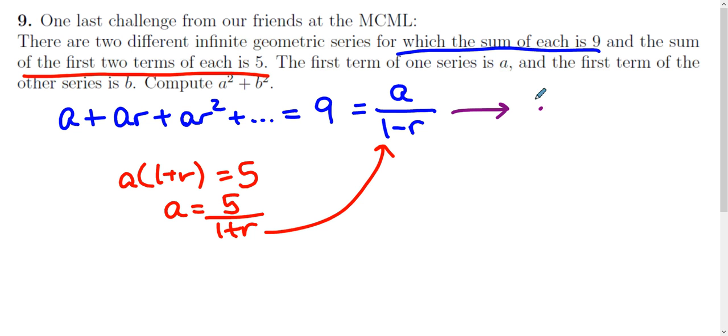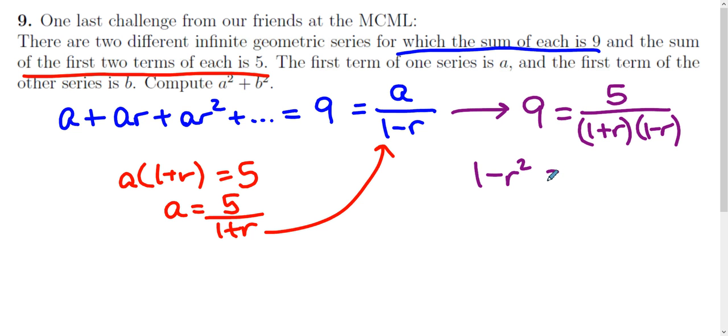So this means that 9 is equal to a over 1 minus r. Well, what does this mean? Rearrange. This means that 1 minus r squared, that's this part, is 5/9, or that r squared is 4/9.